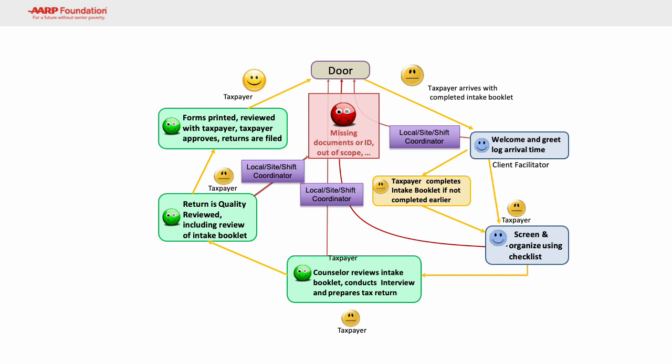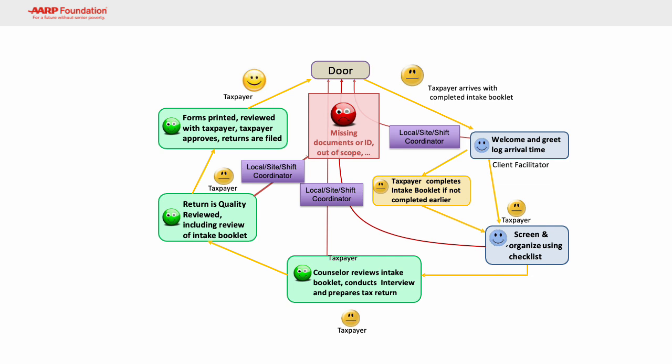Now, if at any time while the client facilitator is working with the taxpayer they feel something's not right, they should alert the local coordinator, who's responsible for taking any necessary actions. Assuming the taxpayer's documentation has been collected and organized, an available tax counselor is then assigned to work with the taxpayer to prepare their return, which is shown at the bottom of the process chart in green.